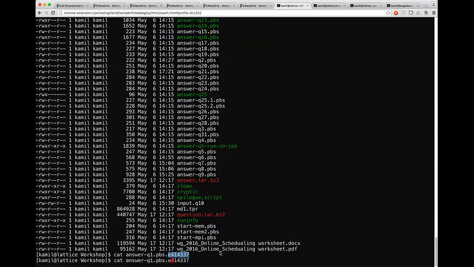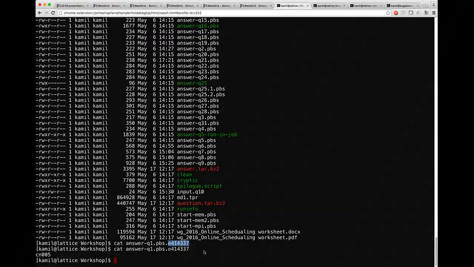Here we see the output, and the output of that command is basically the host name of the node that it ran on. In this case, the host name is CN005. This is the output of your script that ran. So we can rerun that again.